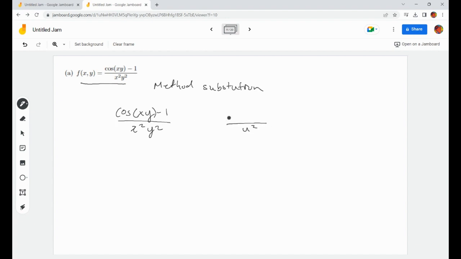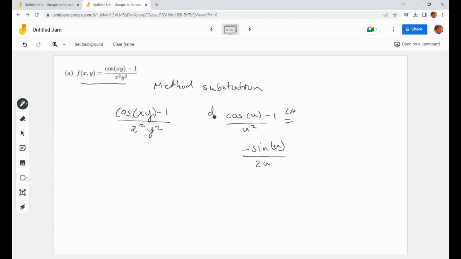Basically, we're going to do u squared divided by cosine u minus 1. That should be good to do. I don't see any reason why it would be faulty. And then we'll use L'Hopital's rule, I think. L'Hopital gives negative sine u over 2u, right?